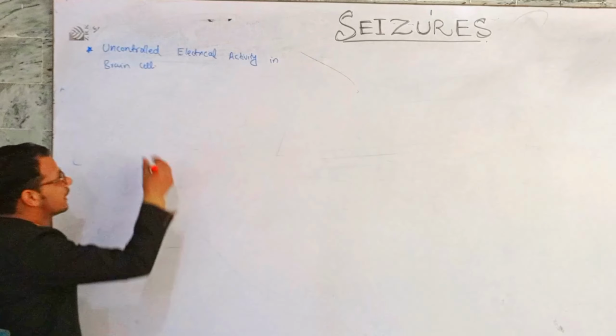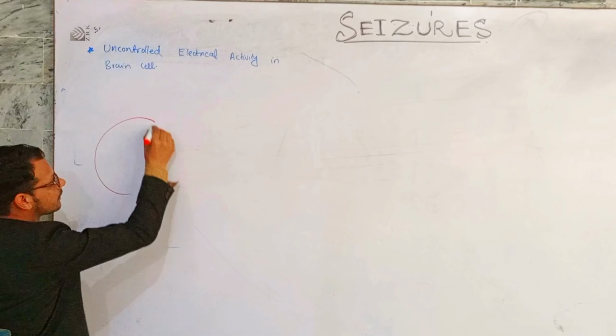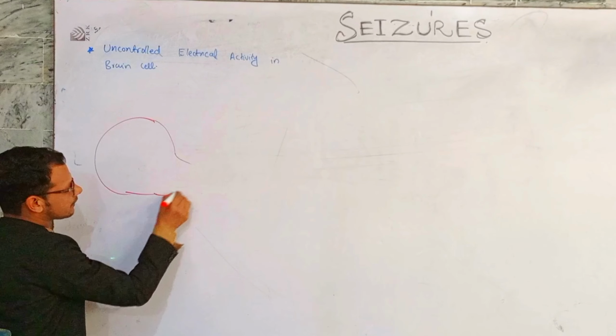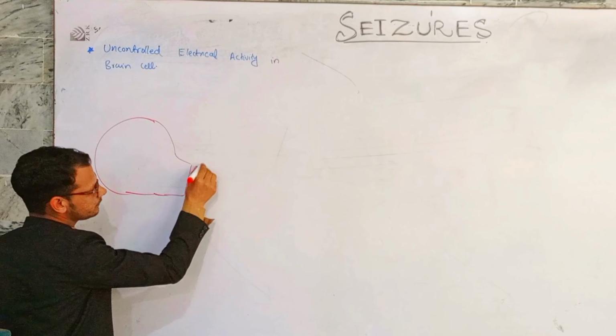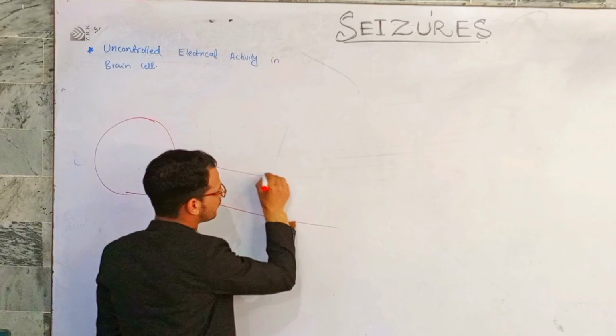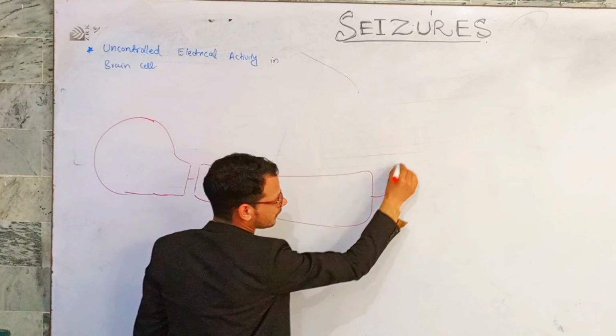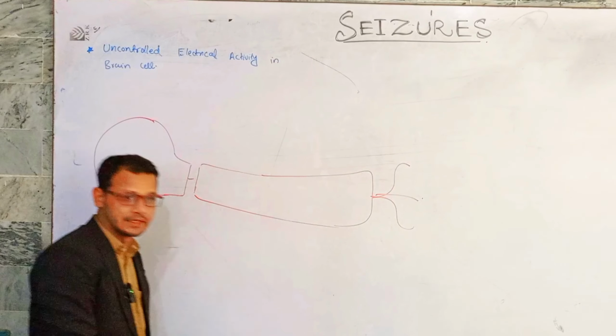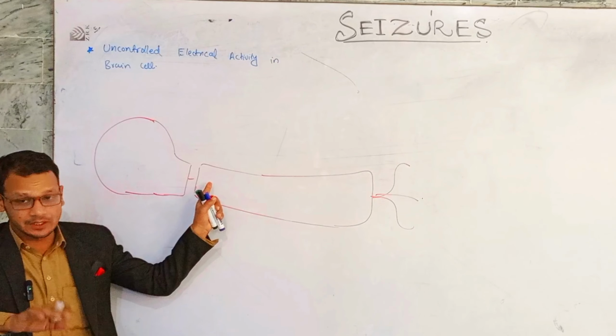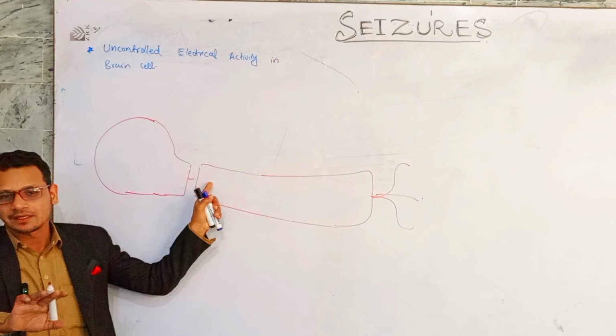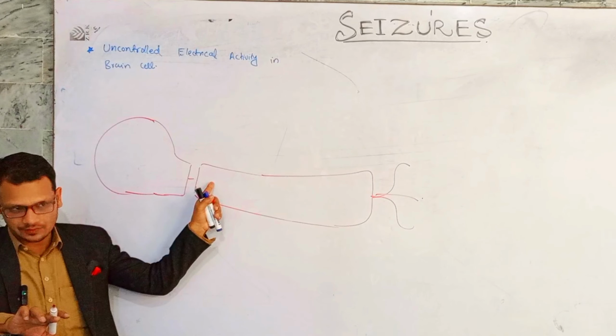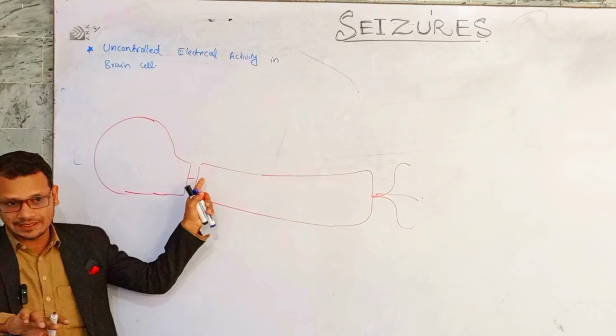For example, if I have, this is the neuron, right? And every myelinated neuron has the intermediate tubule in between the myelinated axon.